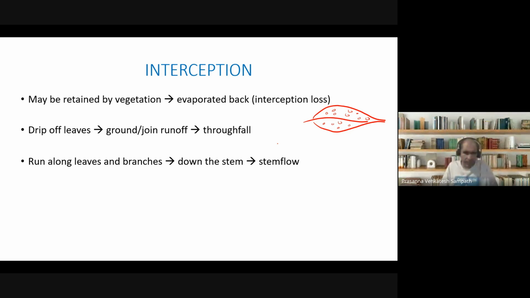Very recently, I was reviewing one of the PhD theses from IIT Madras, and there was a student who was looking at leaves that are at the top of the tree versus leaves at the bottom of the tree, and how the leaves, depending on where they are, differ in terms of behavior.